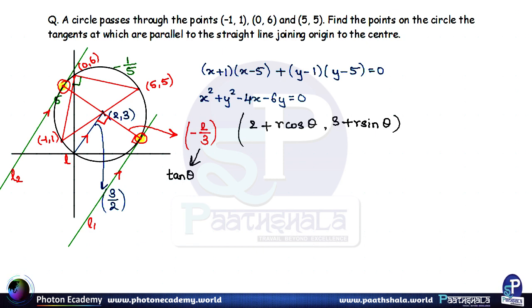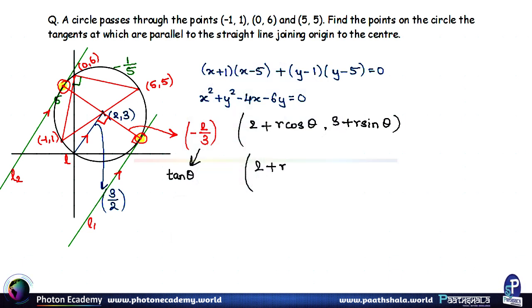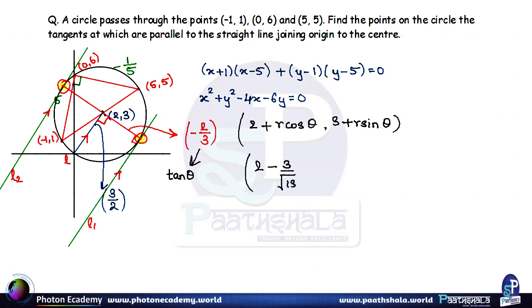So from this we can write sin theta and cos theta. So this will become 2 minus 3 by root of 9 plus 4, that is root 13, into r, comma 3 plus 2 by root 13 r.